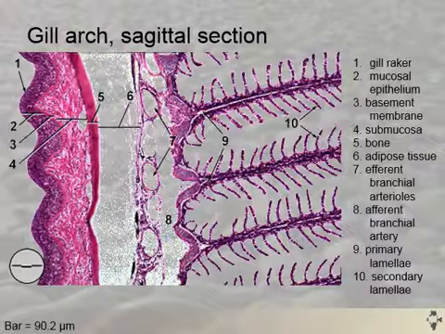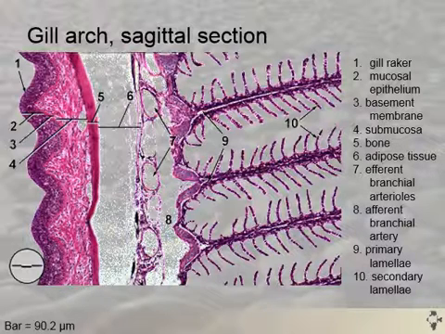And I think what's important here is to appreciate that although on the previous slide the electron scanning micrograph made it appear as though the gill filaments were kind of large and chunky, all things are relative. These are very fine structures, and they need to be in order to facilitate that gas exchange.